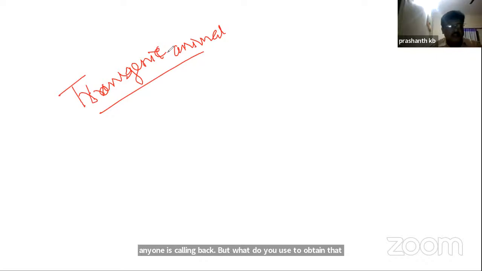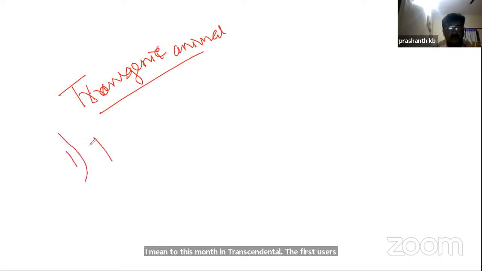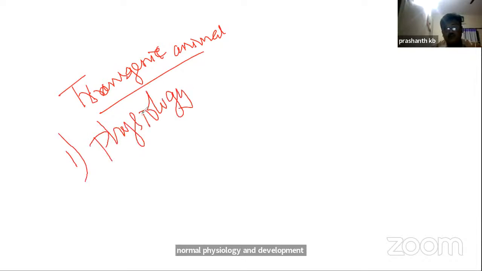Now, coming to transgenic animals, 5 marks they will ask, what are the uses of transgenic animals? The first use is normal physiology and development.